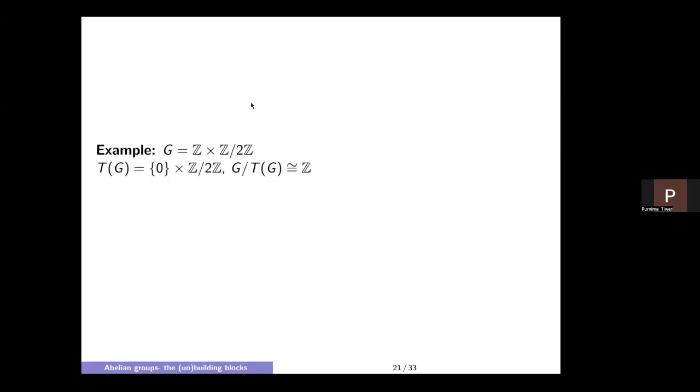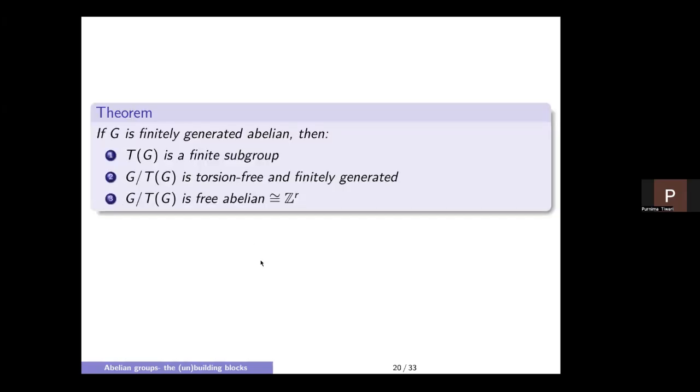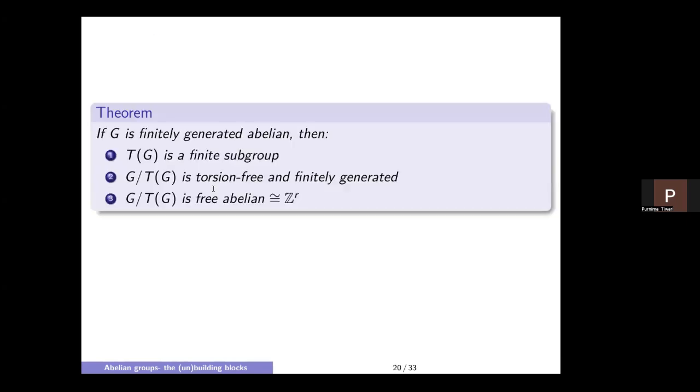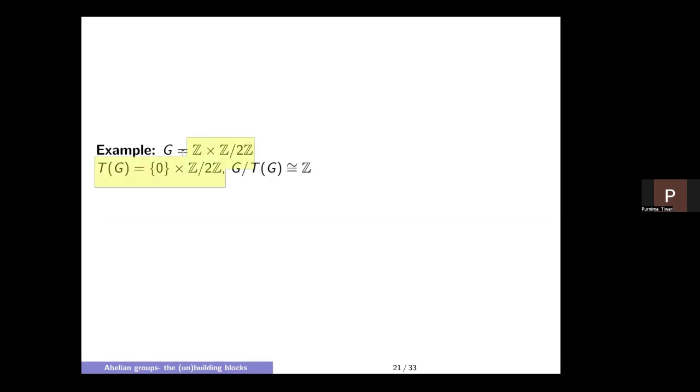Let's say there's a group G, which we have as Z cross Z2. The torsion part of the group Z would just be E, and that of Z2 would be itself. We have seen here that a group of the form Z2 will not be torsion free, so this is a torsion subgroup of itself.